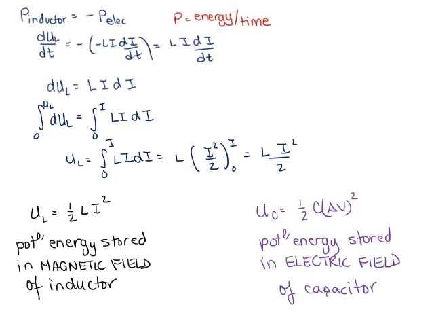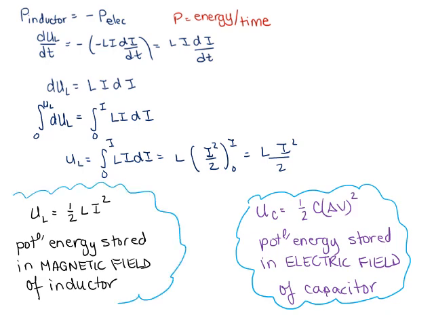Okay, those are two pretty important results. And it's good to see that they're similar because they are actually pretty similar devices. Okay, what else can we do with these expressions? Can we find an alternate way to write down the potential energy of the inductor? Let's try that on the next slide.